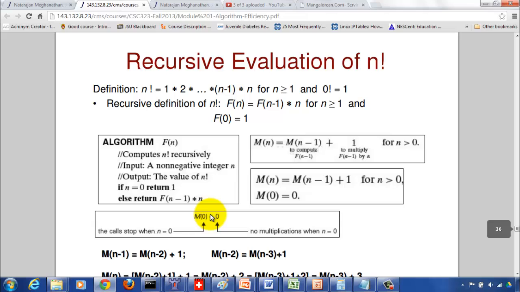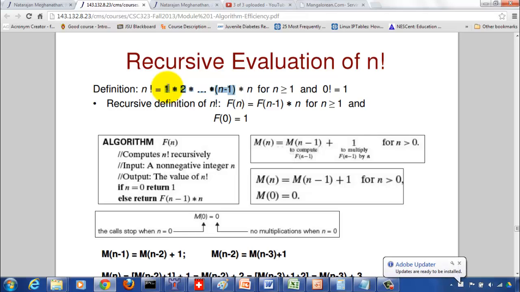Now the factorial. We know n factorial is 1 times 2 times up to n minus 1 times n, right? But this can be written as n minus 1 factorial times n. So factorial of n is factorial of n minus 1 times n. Whatever the basic operation, which is multiplication here, the number of multiplications is the number of multiplications to compute factorial of n minus 1 plus one more multiplication.